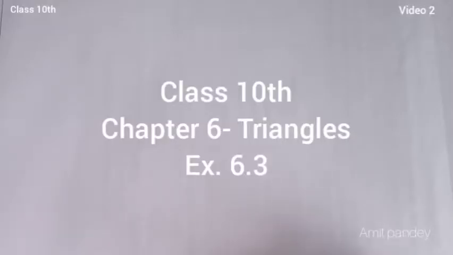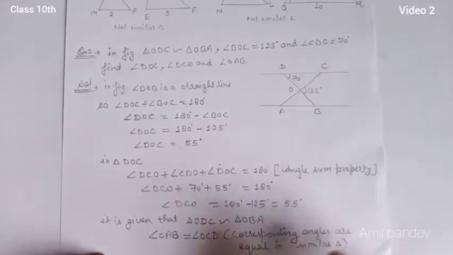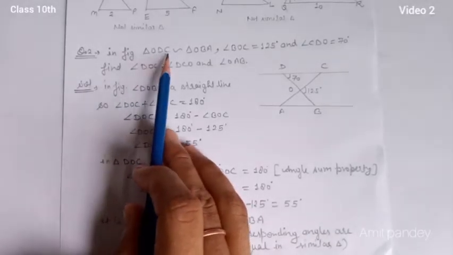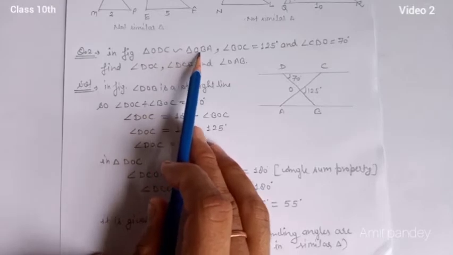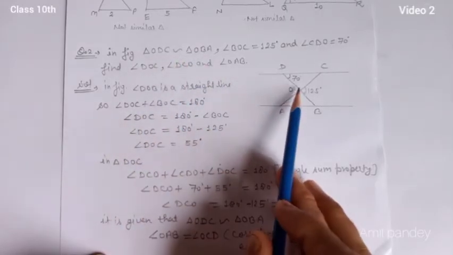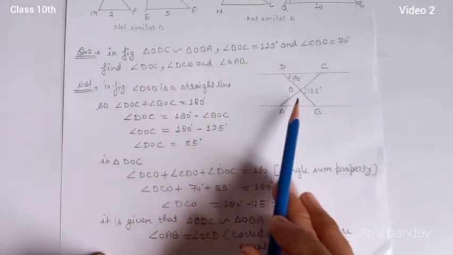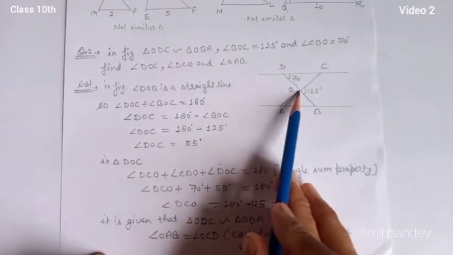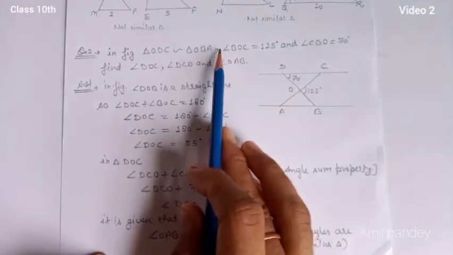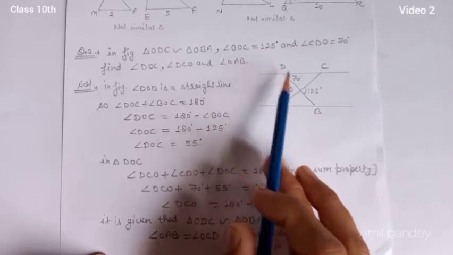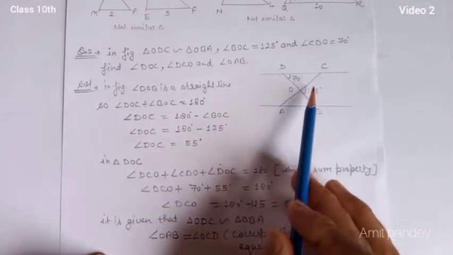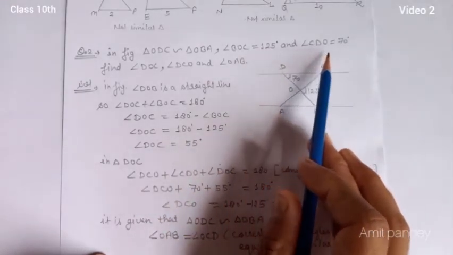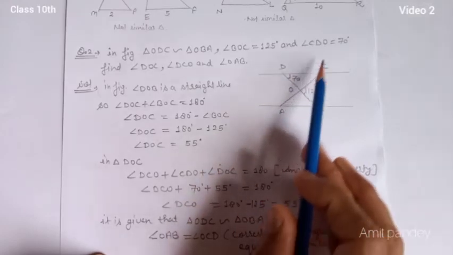Question number 2 of exercise 6.3. In the figure, triangle ODC is similar to triangle OBA. The intersecting point is O here. Angle BOC is given as 125, and angle CDO is 70.